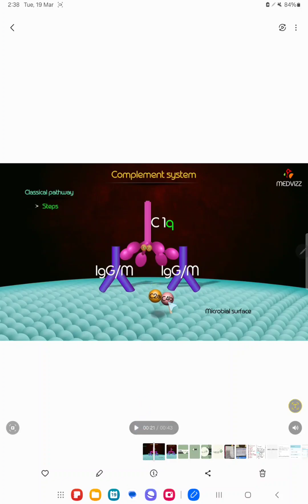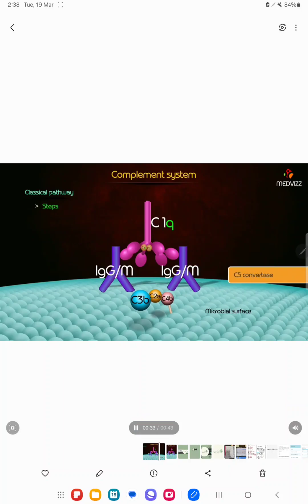Now this C4b and C2a is called the C3 convertase, which will now bind to C3. C4b2a is called the C3 convertase, which acts on C3, which splits into C3a as well as C3b. So here you can see C4b, C2a, C3b. This is the C5 convertase, which will now bind to C5.